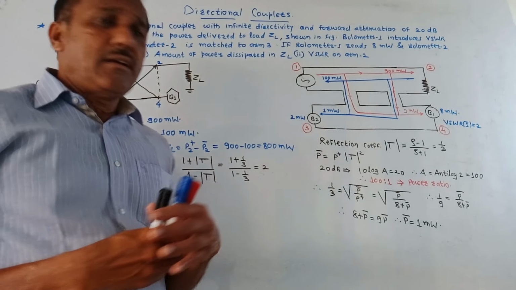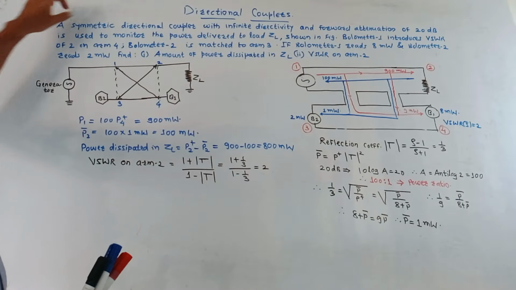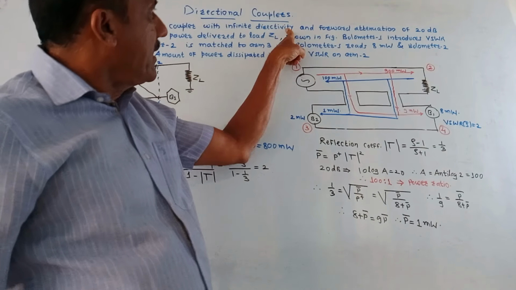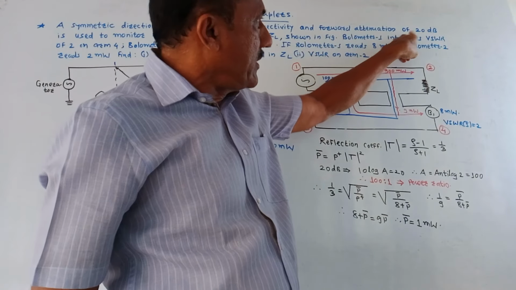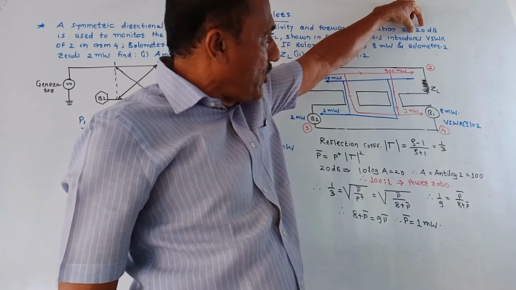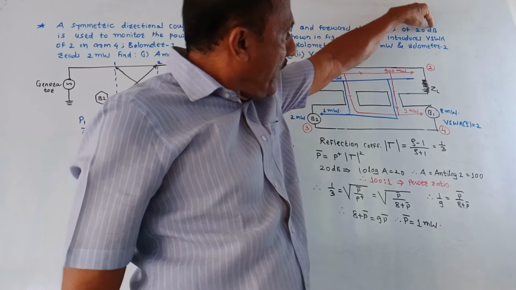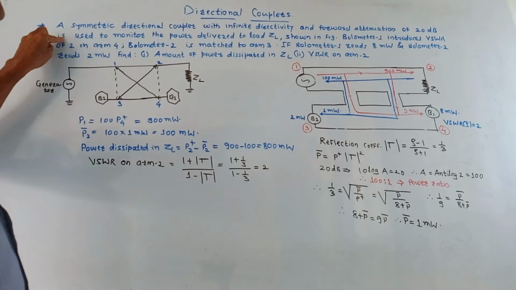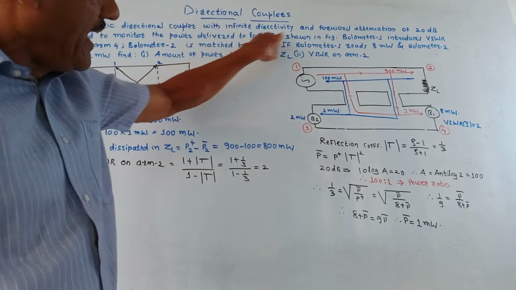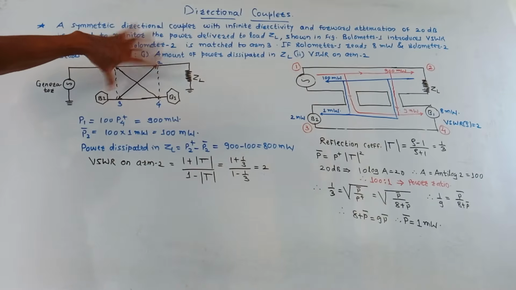Next numerical: a symmetric directional coupler with infinite directivity and forward attenuation of 20 dB. This is the given value of attenuation, which is 20 decibels, is used to monitor the power delivered to load ZL as shown in the figure. This is the given diagram.